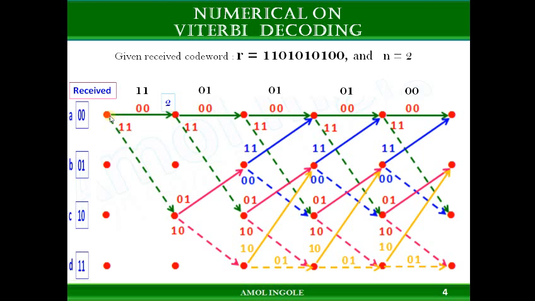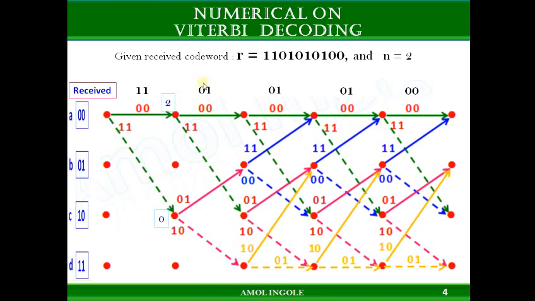The path metric for this path can be found by finding the Hamming distance between 1 1 and this 1 1. As there is no difference, the Hamming distance is 0, and the path metric for this path will be written in a box like this, which is 0. So 0 is the path metric for this path.